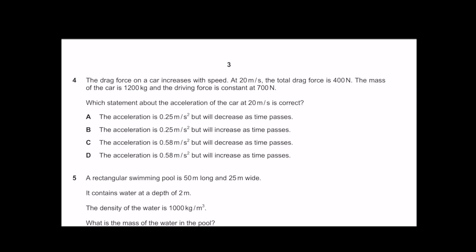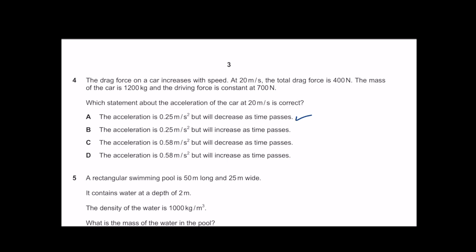So which statement about the acceleration of the car at 20 meters per second is correct? The acceleration is 0.25 meters per second squared, but will decrease as time passes. Actually, I agree with that initially, and we will come back to it when I read the rest.